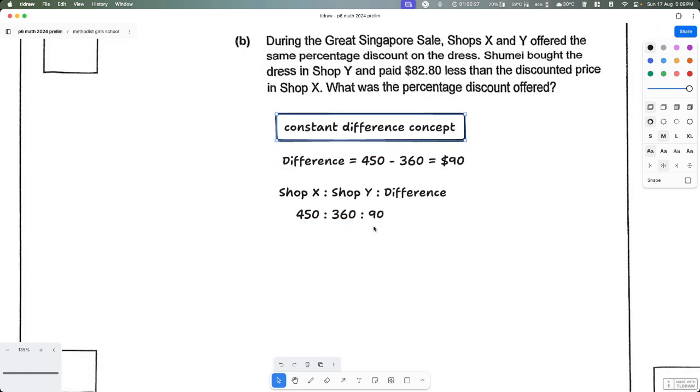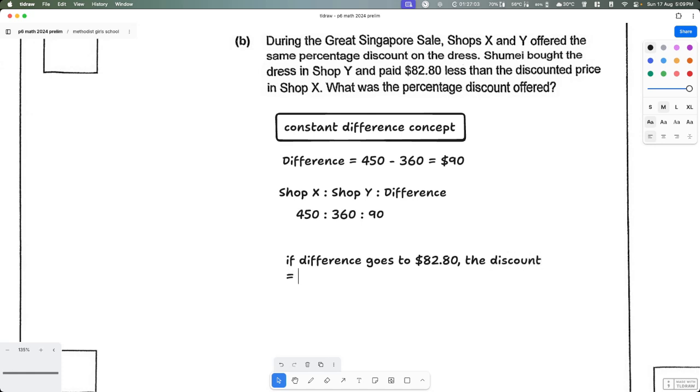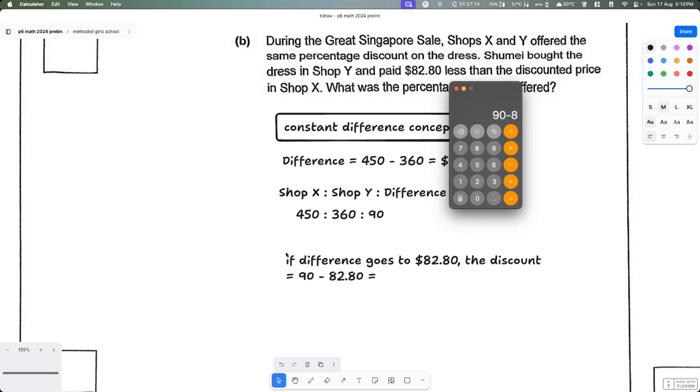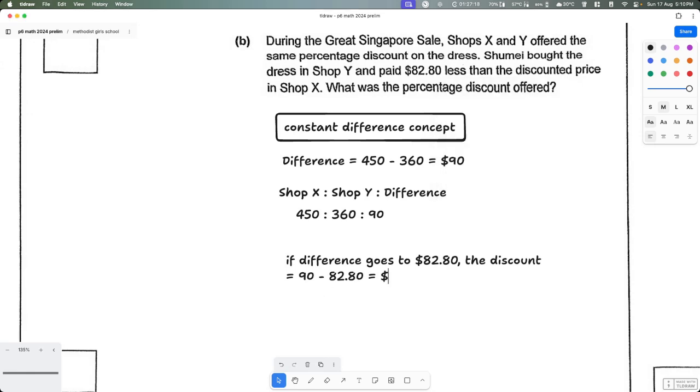So if the difference goes to $82.80, that means the discount is equal to 90 minus 82.80, which is $7.20.